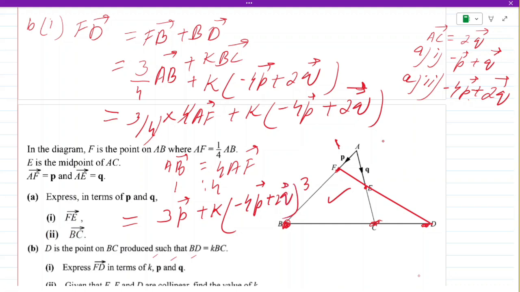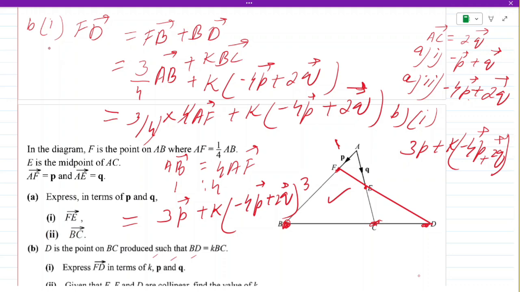Yes, this is the answer. So I am keeping that over here: 3P plus K times minus 4P plus 2Q.